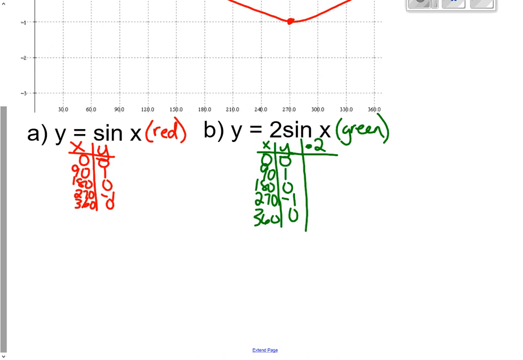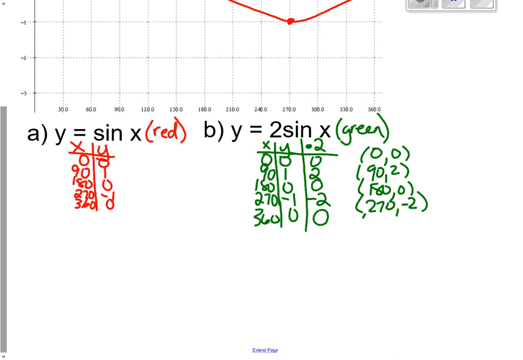So 0 times 2 is 0. 1 times 2 is 2. 0 times 2 is 0. -1 times 2 is -2. And 0 times 2 is 0. And so my new points, of course, because we use our outermost columns, ends up being these values.